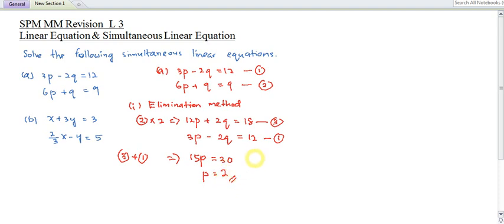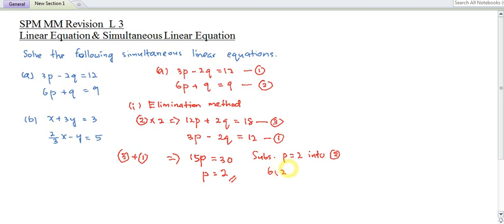Okay, then the next step, you just sub, which means substitute. I just write the short form. Sub p equal to 2 into any equation here; you can choose the one with the smaller numbers. I think I'll choose equation number 2. Now I know that p is equal to 2.